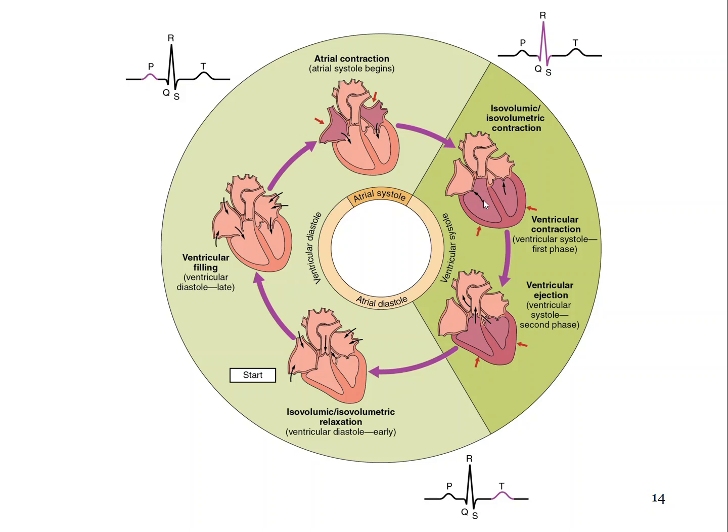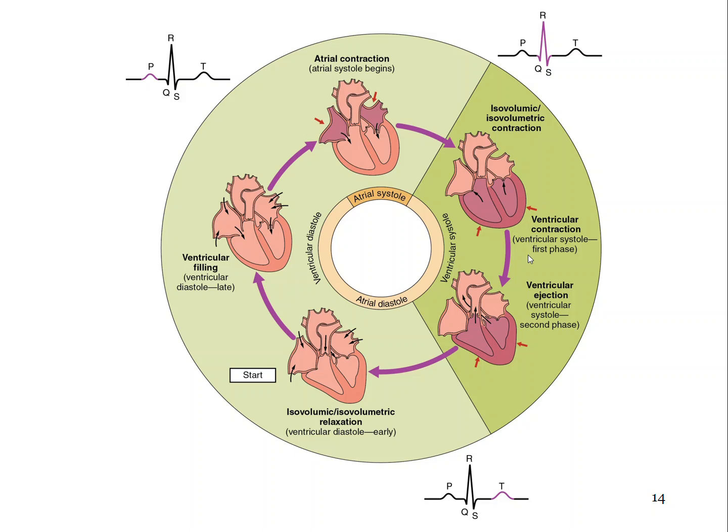So the pressure inside the ventricle will increase and close the atrioventricular valves, which are the mitral and tricuspid valves, and then the aortic valve and pulmonary valve are also closed. So here we have contraction without a change in volume.